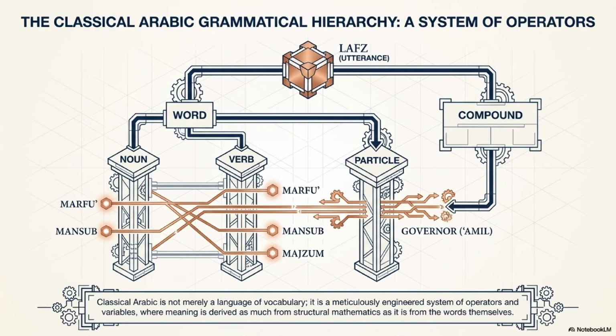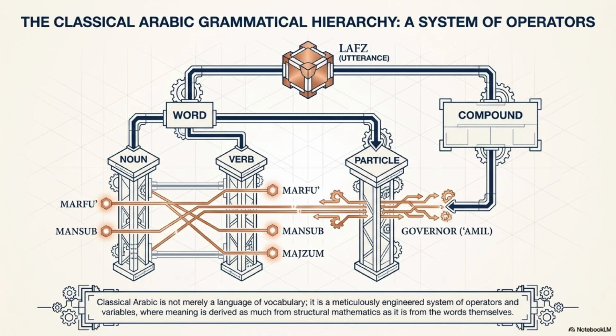The particles in Arabic, especially the operating ones, function exactly like these logic operators. A single particle placed at the beginning of a sentence can cascade grammatical state changes through the entire string of words that follows it. It executes a command that alters the physical sound of the sentence to encode a highly specific relationship. It's a living algorithm. The nouns are the variables, the verbs are the functions, and the particles are the syntax running the script.